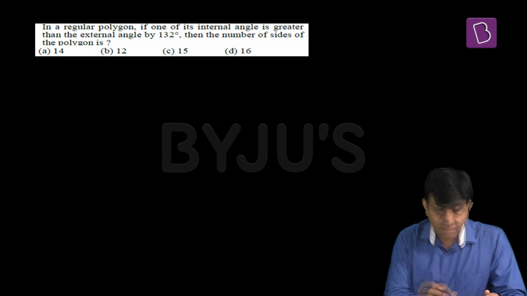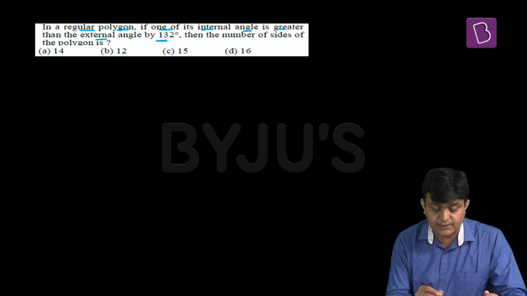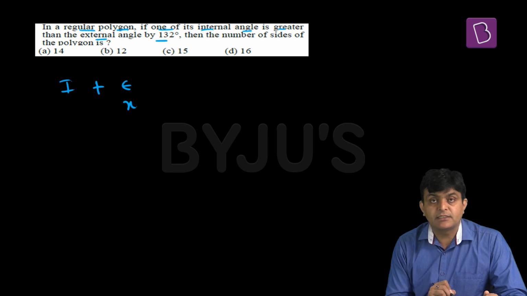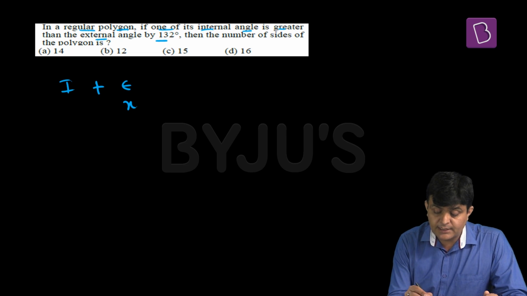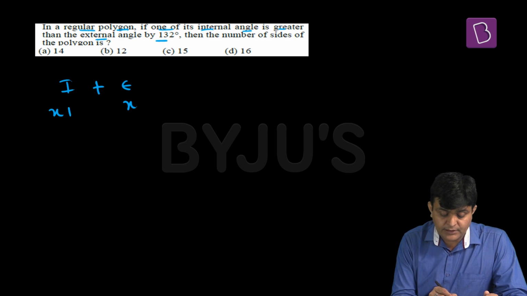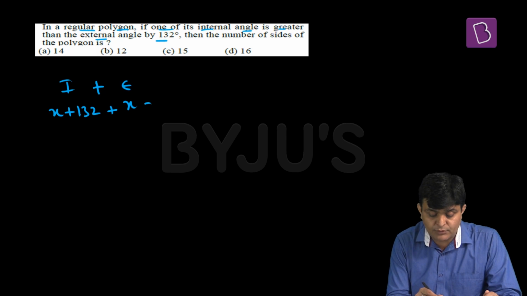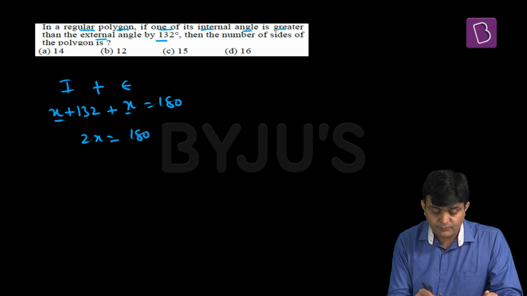Next example is, in a regular polygon, if one of its internal angles is greater than the external angle by 132, let I plus E be 180, and x be the exterior or external angle, then the internal angle is greater by 132. So x plus 132 is the internal, and the sum of these two is 180. So x plus x, 2x is equal to 180 minus 132.